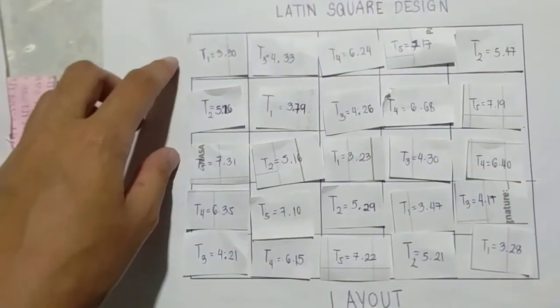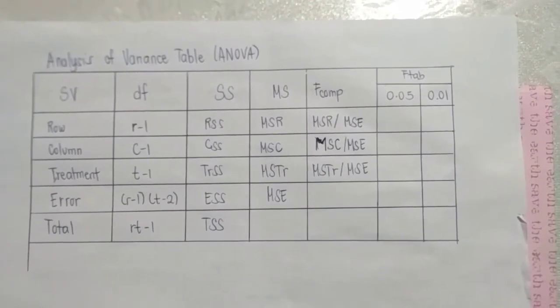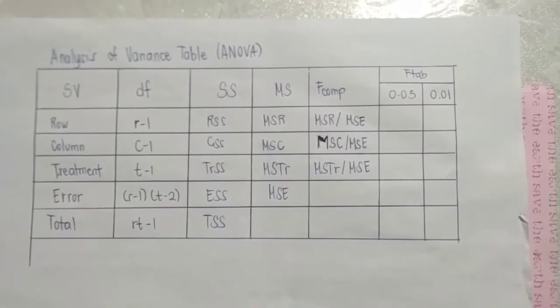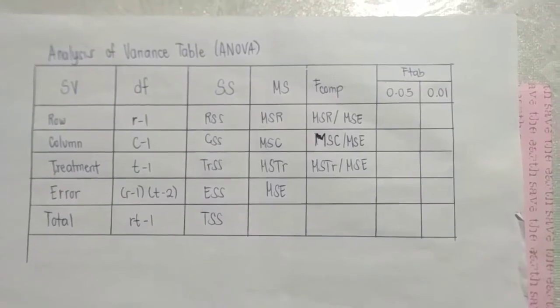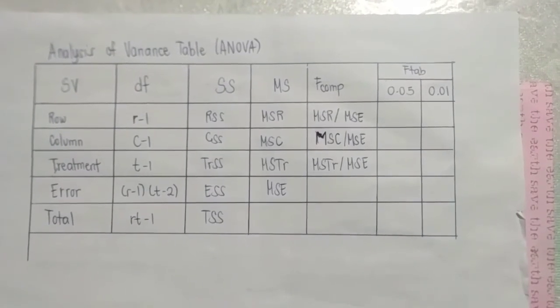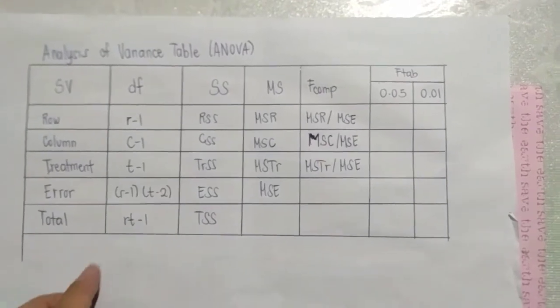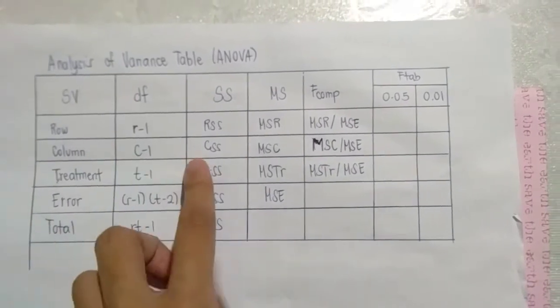And the treatments also vary, as we designate our treatments here. Now this is our table for the analysis of variance, or the ANOVA, for the Latin square design. And as you notice, RCBD commonly involves only treatment and rows, but now the column is considered in Latin square design.